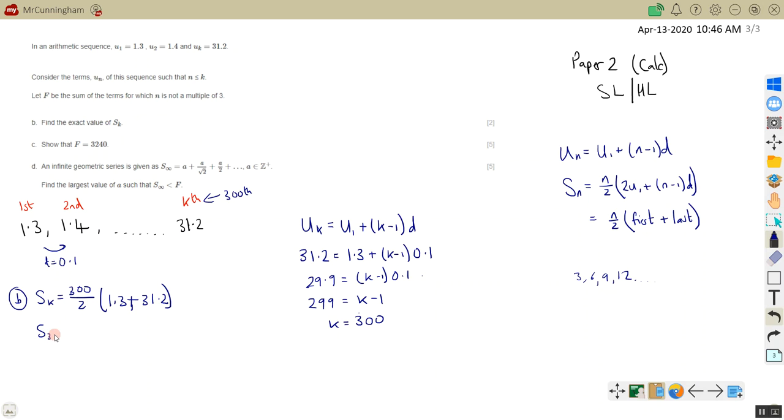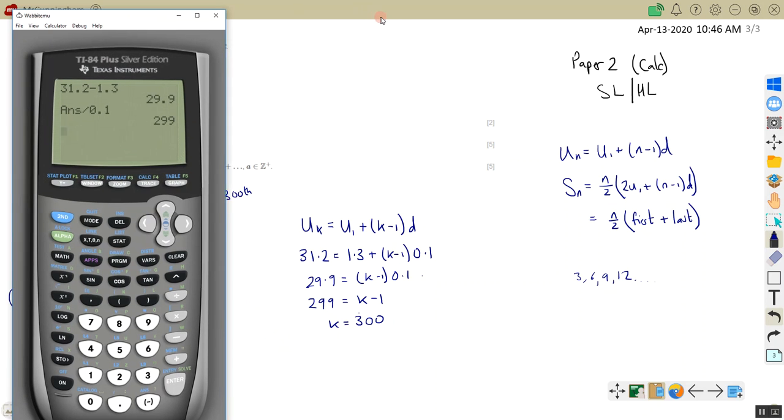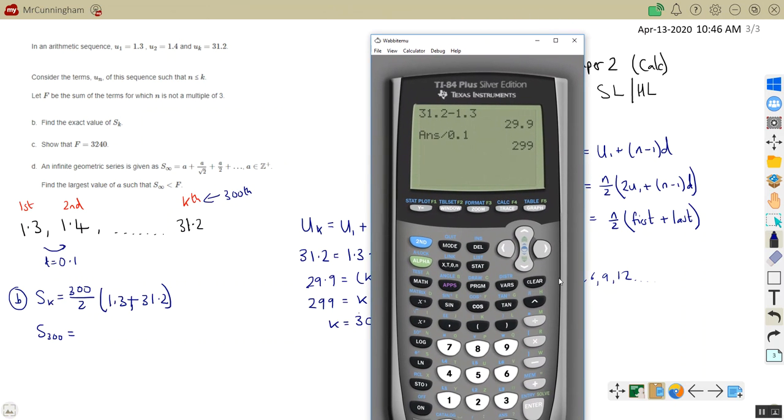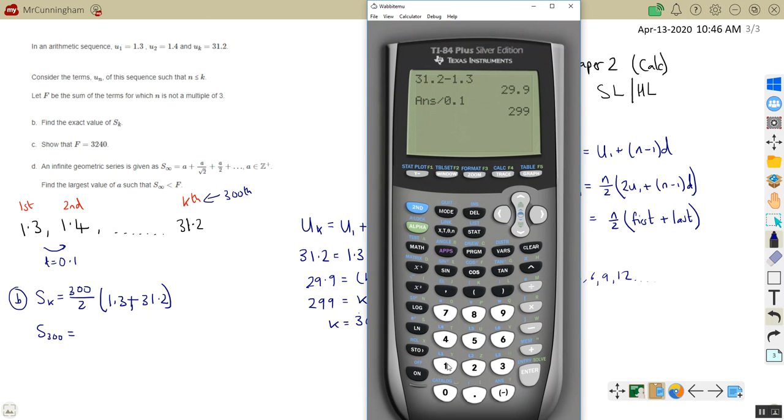This is the sum of the first 300 terms, and I can put this in my calculator: 150 multiplied by 1.3 plus 31.2, 4875.